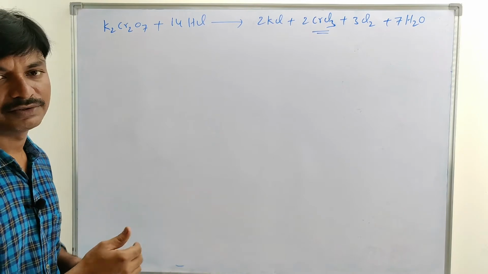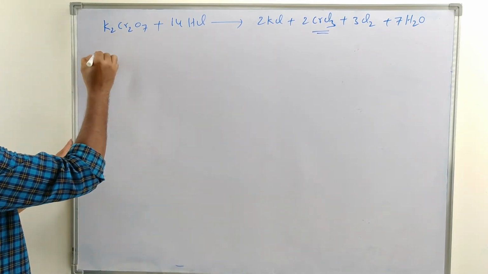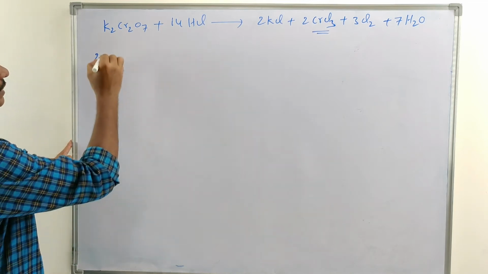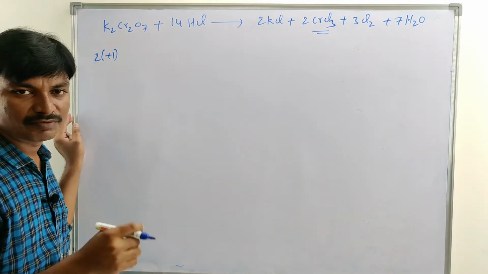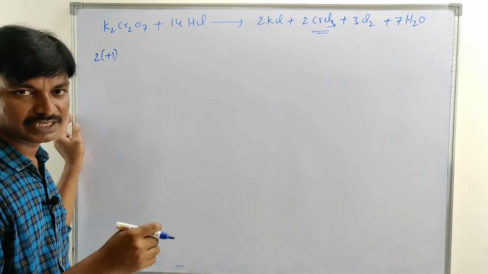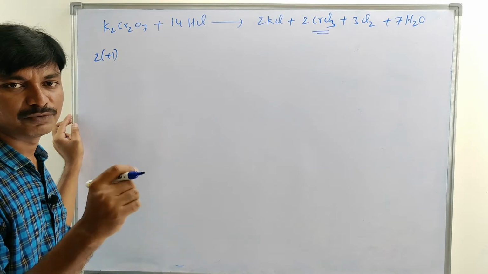First, find the oxidation number of the given components. Here 2 potassiums are present, that's why 2 into plus 1. Each potassium oxidation number will be plus 1, because potassium is a 1A group element in the periodic table and is an electropositive element.